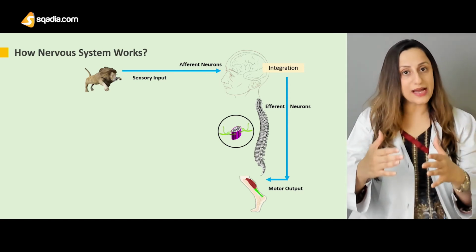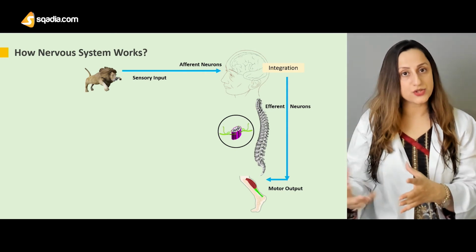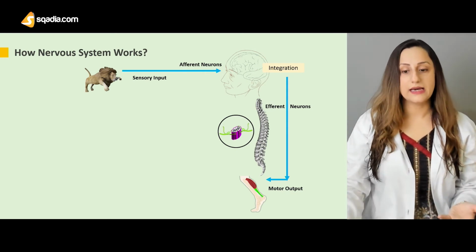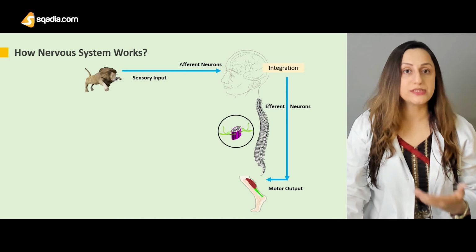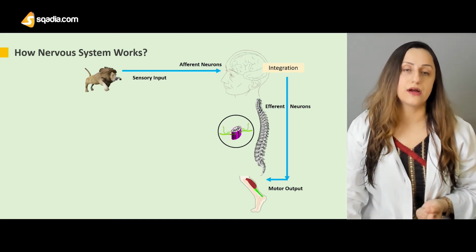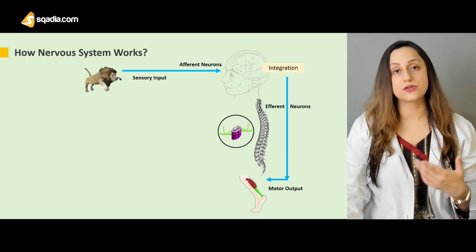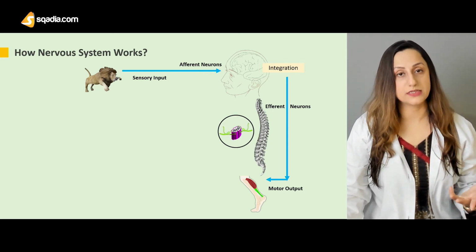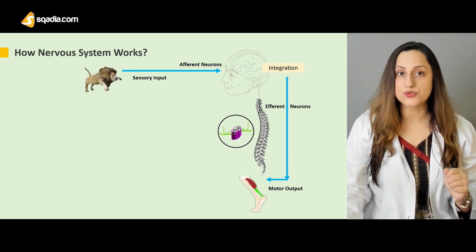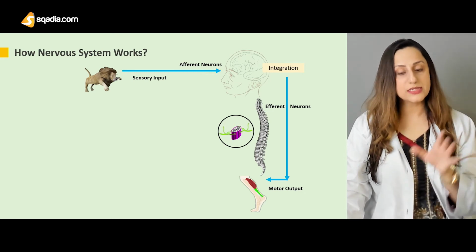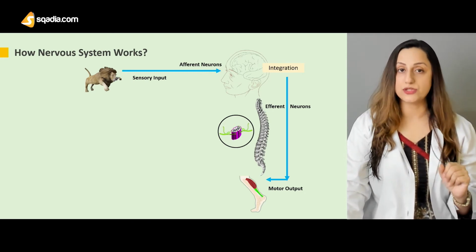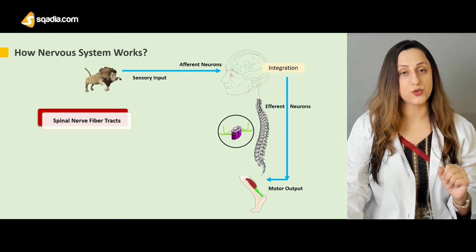The descending tracts are motor in their nature, and that is how they control the different activities. Either they are voluntary in their action, or we can have another set of motor activities which are involuntary in their action. So the descending tracts perform the voluntary as well as the involuntary functions over here.